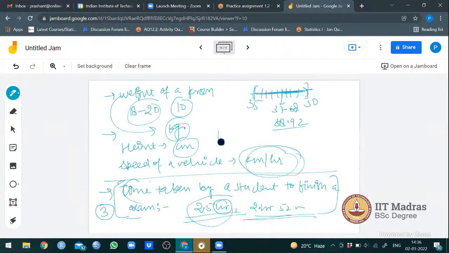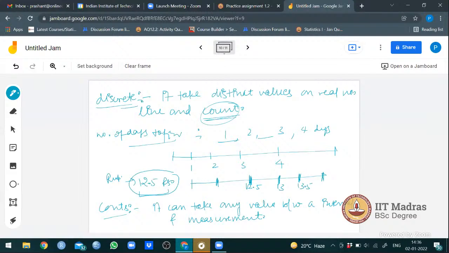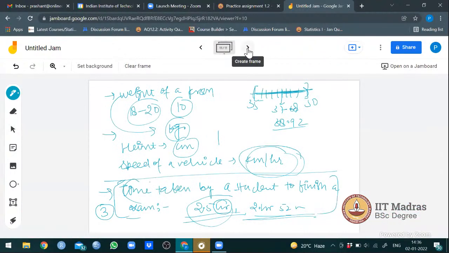So the maximum time given for a particular subject exam, for different subjects, that should be called discrete, right? Yes. Like 3 hours for maths or 2 hours.